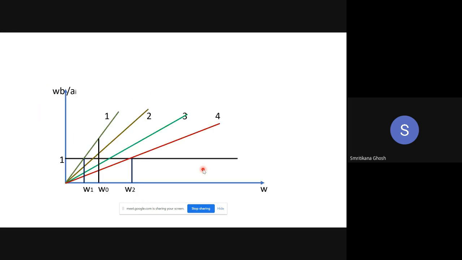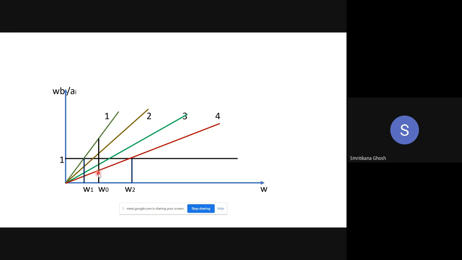And with the same reason, country A should produce commodity 2 as well, because for these two, the unit labor cost ratio is greater than 1, given this W naught. And for commodity 3 and 4, just the opposite.